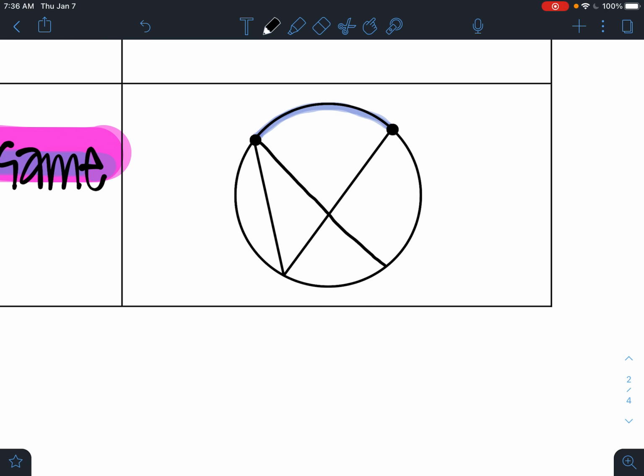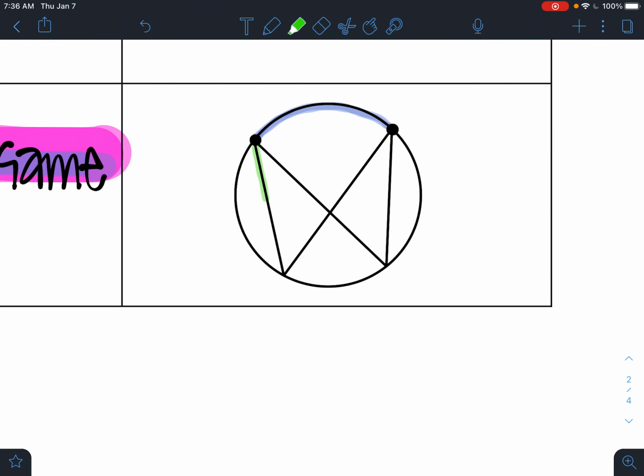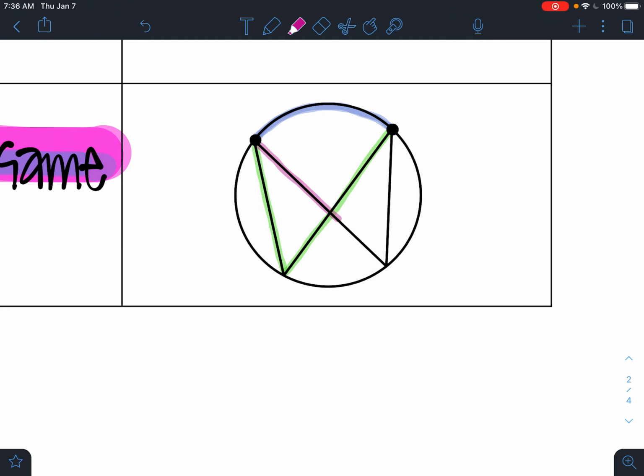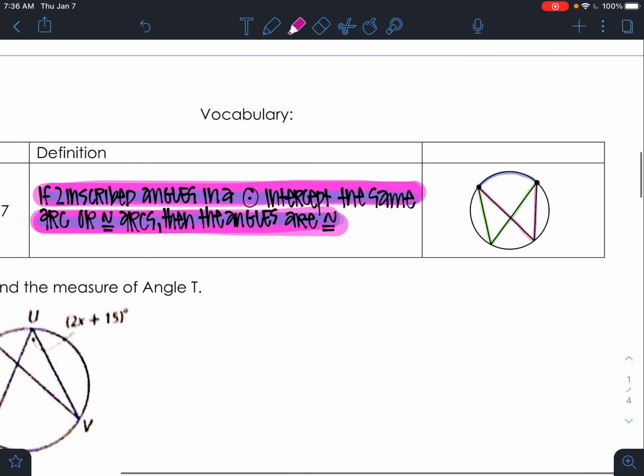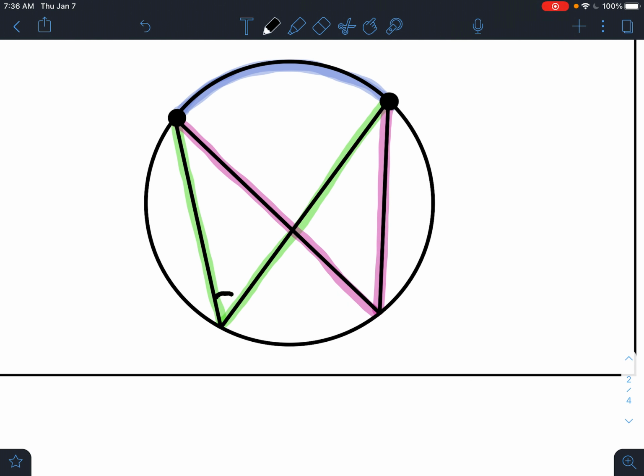Okay? But let's go ahead and draw another angle that is also inscribed to that arc. So now we're almost making these two triangles, all right? But now I'm also going to inscribe that angle to its arc. And now I'm going to color code a little bit. So I have this angle right here that's inscribed to that blue arc, and then I have this angle right here. So what this theorem is saying is that if you have these two angles that are inscribed to the same arc, then these two angles have to be congruent.